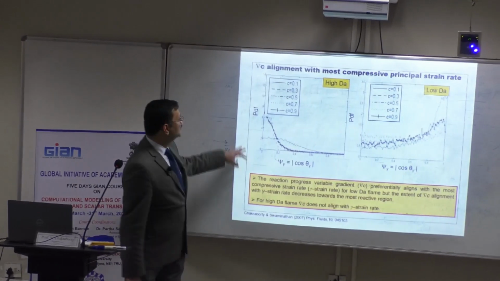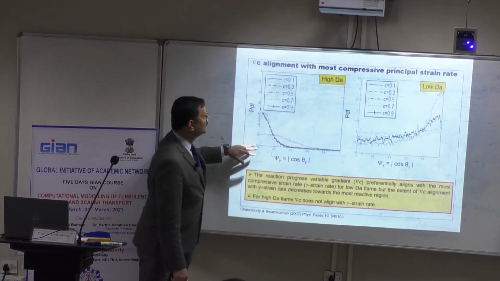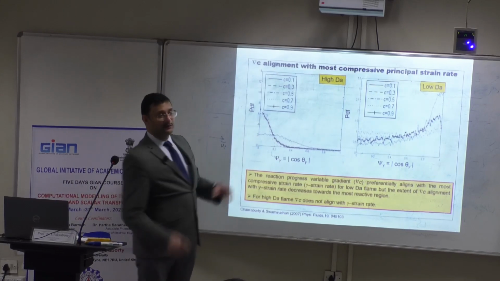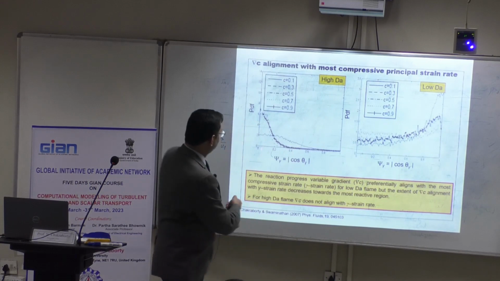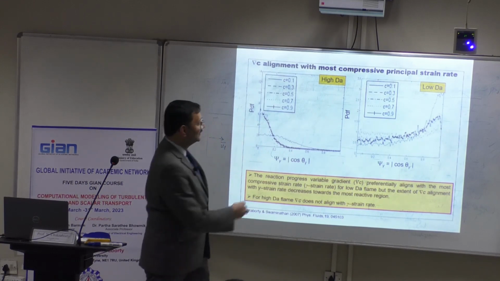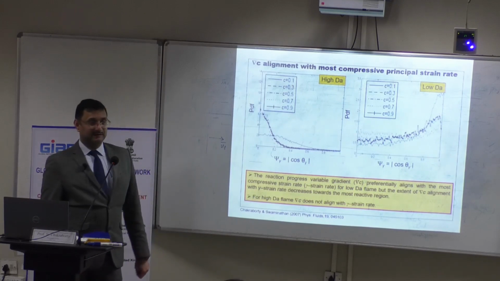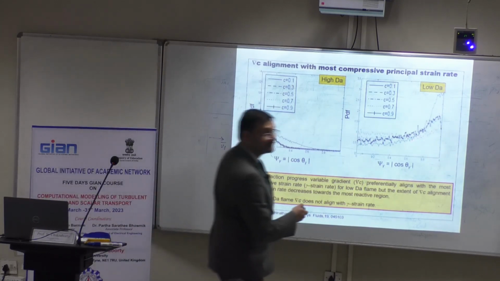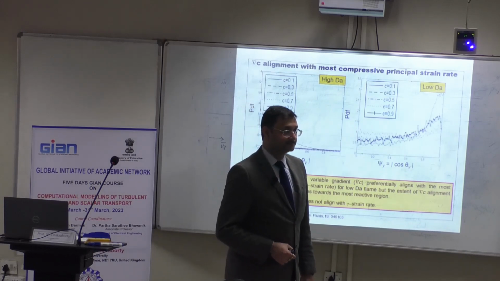For the high Damköhler number case, there is no alignment with the most compressive principal strain rate, or it's basically perpendicular to the most compressive principal strain rate, because that's where the peak of the PDF is. And you can see in the case of low Damköhler number, scalar gradient predominantly aligns with the most compressive principal strain rate.